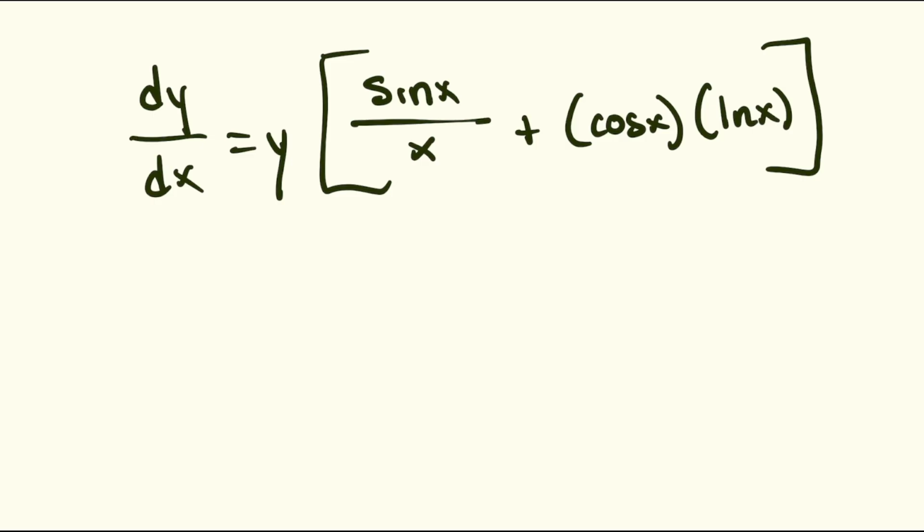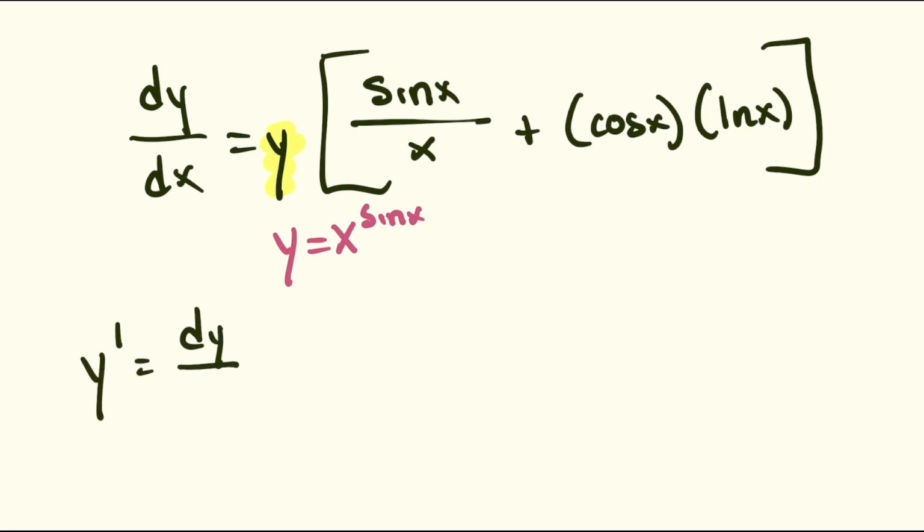You'll notice here we have a y stuck in here, and although that's okay, we know that our original equation for y is equal to x to the sine of x. And it's nice to get our y prime, our derivative, all in terms of x's.